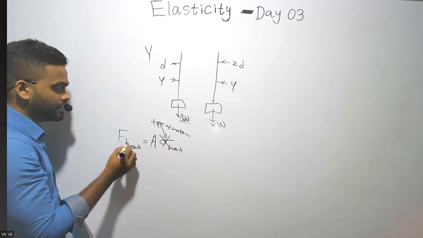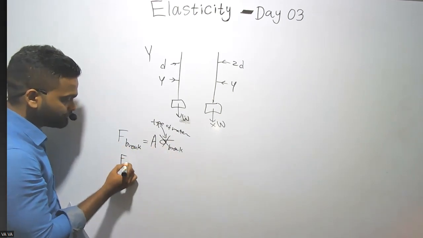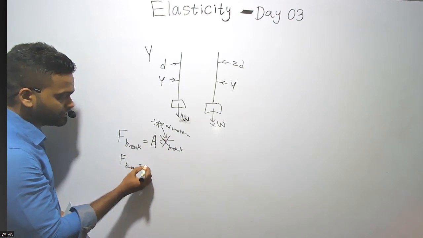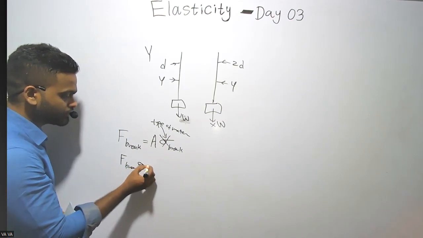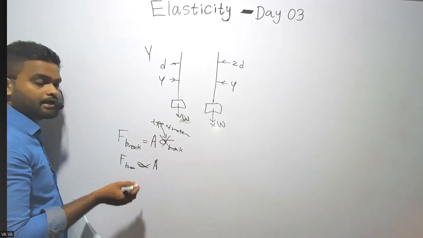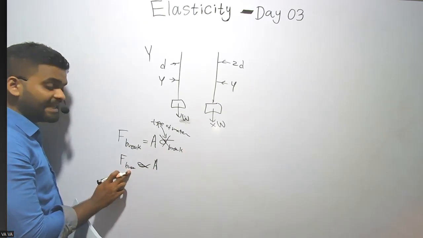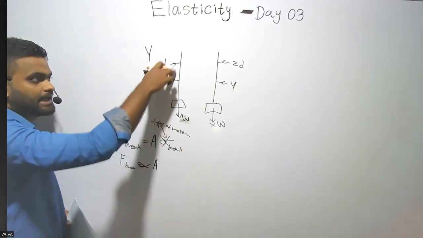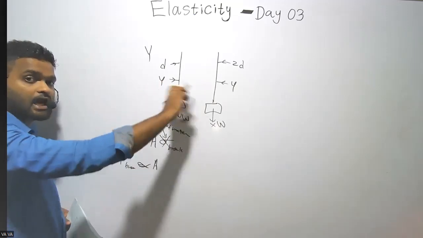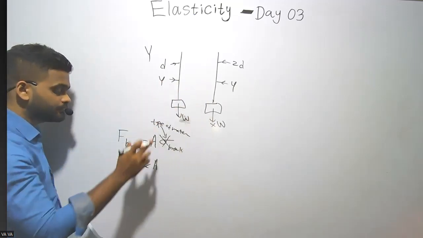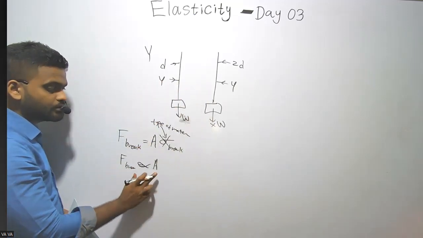So in that case, we can say F break is proportional to the cross section of the wire. This is not dependent on the length of the wire, which is why they haven't given any length. Regardless of the length of each wire, F break is proportional to A.